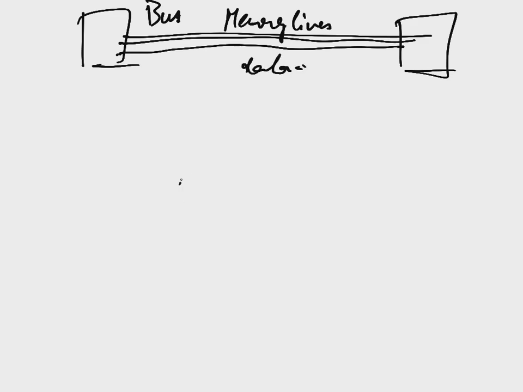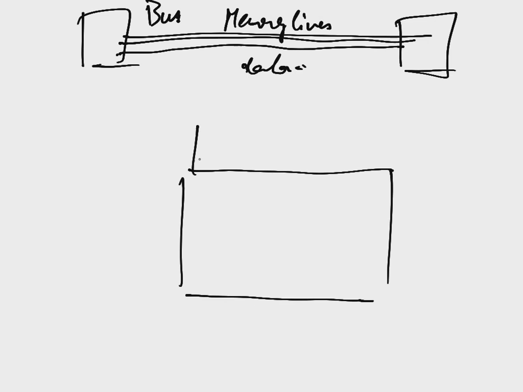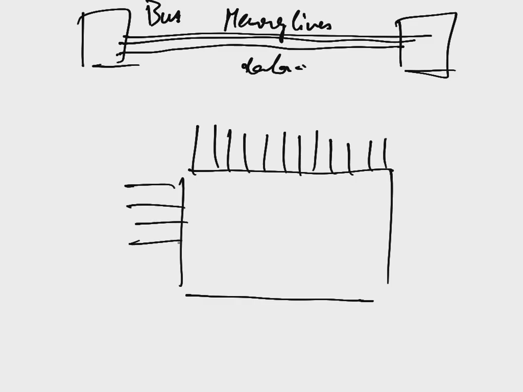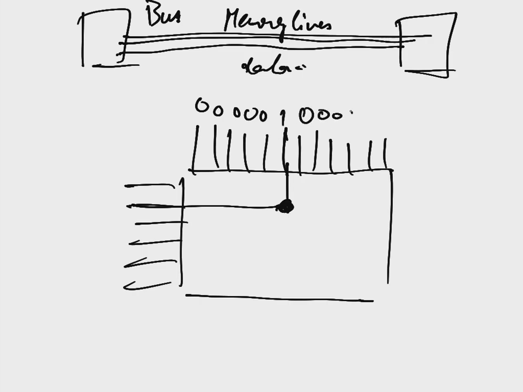For example, if you read from or write to memory, then if it's a parallel bus, you may have lines to refer to a particular cell in memory. For example, you want to write something to this cell of memory, your address lines would be 0, 0, 0, 0, 0, 1 here, and 0, 1, 0, 0, 0, 0 here.